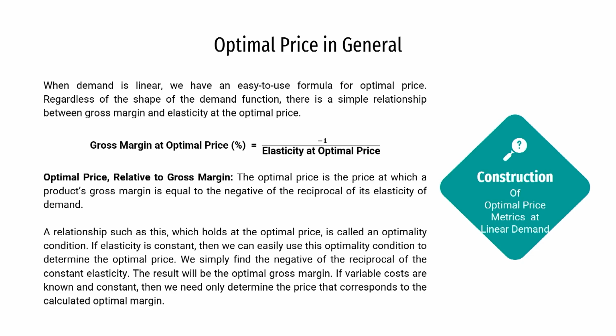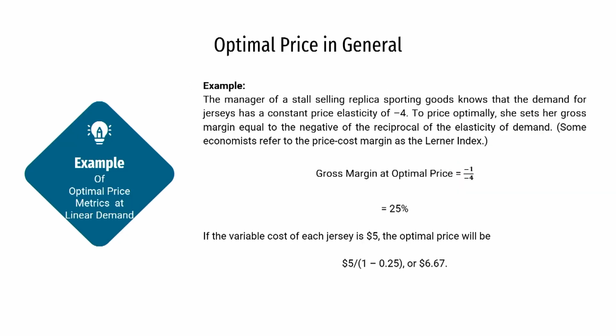We simply find the negative of the reciprocal of the constant elasticity. The result will be the optimal gross margin. If the variable costs are known and constant, then we need only determine the price that corresponds to that calculated optimal margin. So, we will look into it with examples.